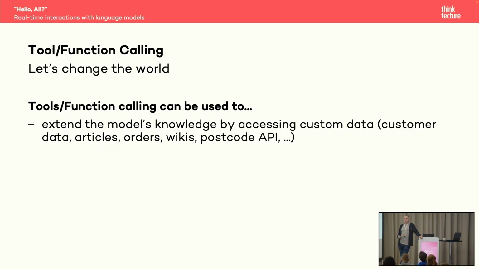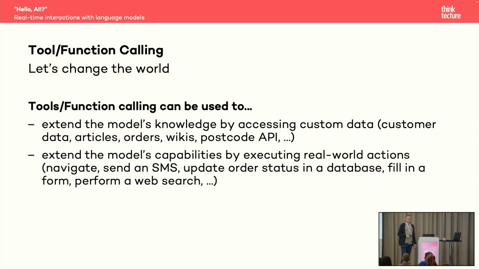So that could be your customer data, articles from the internal knowledge database, connecting it to your order system maybe, to Wikipedia, to a postcode API, which I did, by the way, for the first demo. Or let us do a web search, right? And that all extends the capabilities of the model, because now the limits are endless, so to say. You can feed in whatever you like. You can have it do whatever you like.